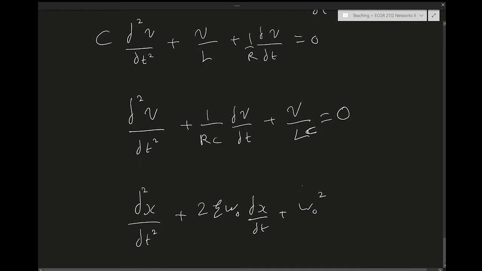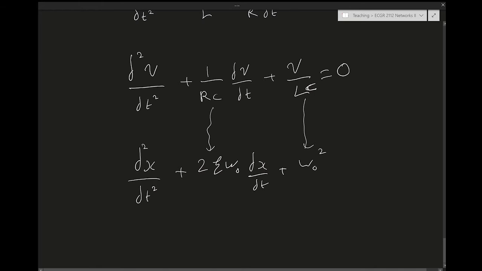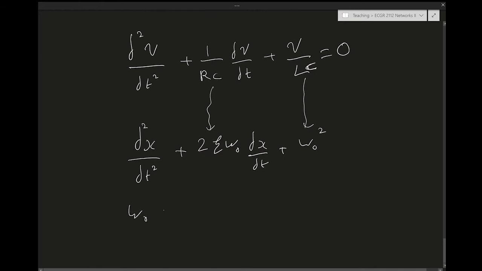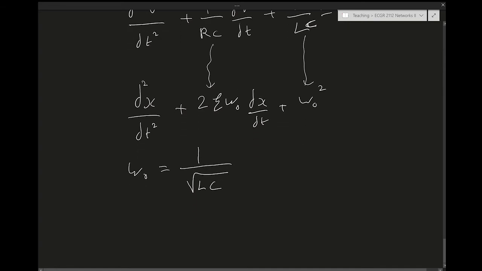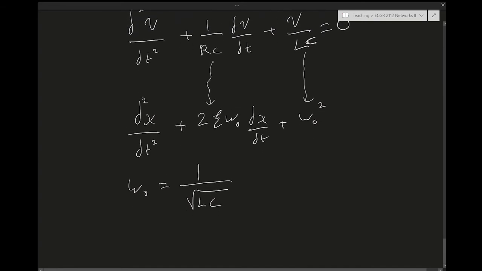So we can directly link those circuit constants to the general second order equation constants. This clearly shows me that omega naught should equal 1 over square root LC. This is the undamped natural frequency. And then 2 zeta omega naught equals 1 over RC.